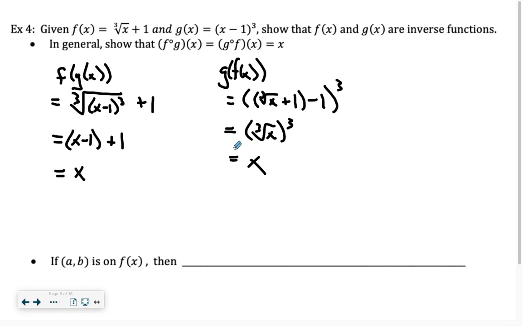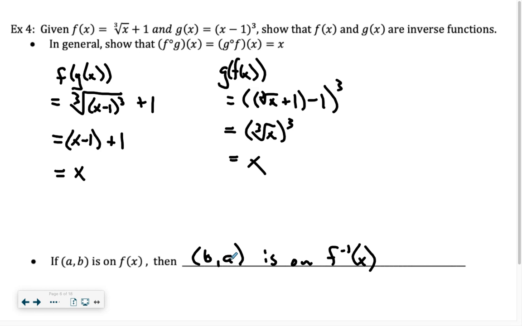Right? So this first bullet point down here, we kind of already alluded to this, but it says if (a, b) is on f of x, then the point (b, a) is on the inverse. All I'm doing is switching the x and y coordinates for a function and its inverse.